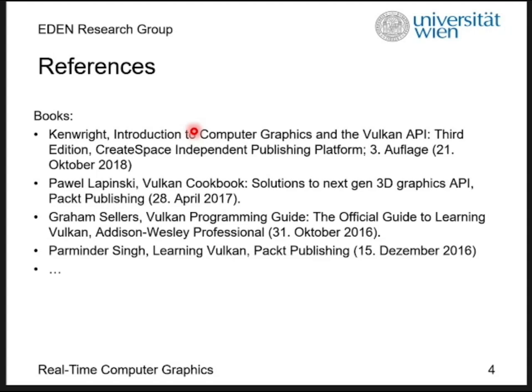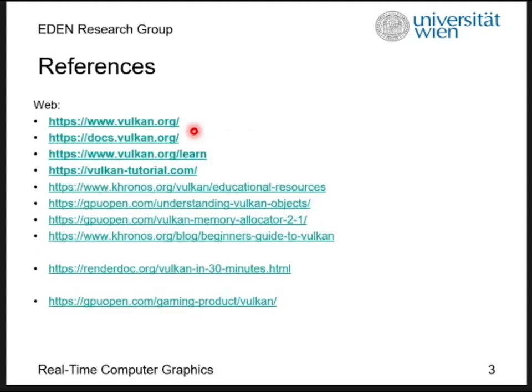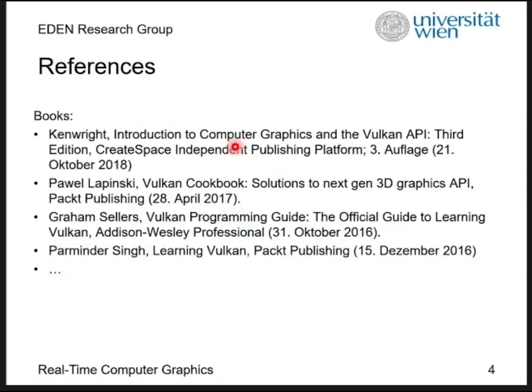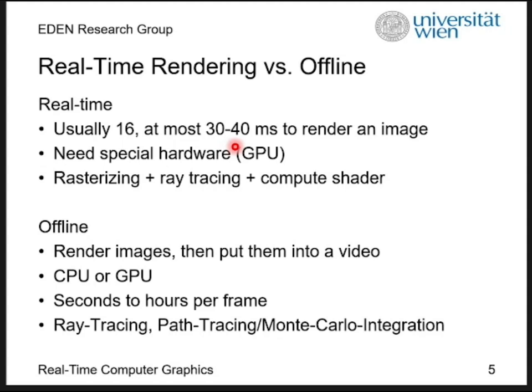But it's a more gentle approach. Of course, you can read these books and they're really helpful, but it doesn't save you from reading one of these sources like Learning Vulkan or docs.vulkan.org. That is really something that you should do in any way.